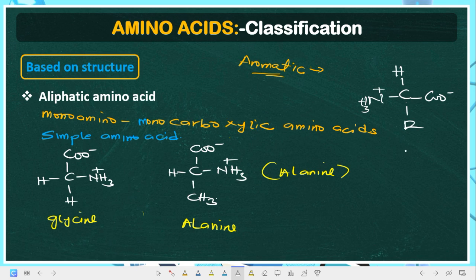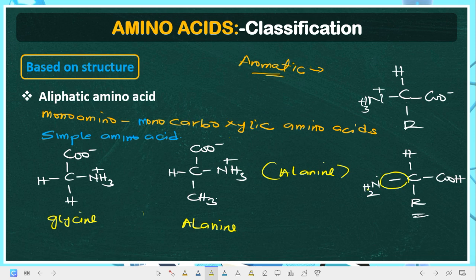Now, in some cases, they may not write it in the ionic form. You may see it as H, and then C. If it is not in the ionic form, it means we will not have the negative ion here, so it will be in the protonated form, which is COOH, and here is NH2, and then you have R. The reason I wrote H2N is to show that the nitrogen is the one directly bonded with the carbon.